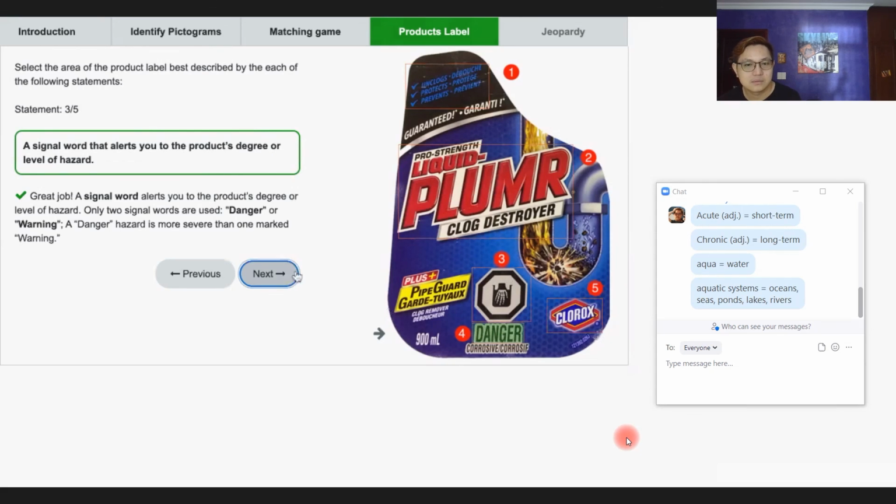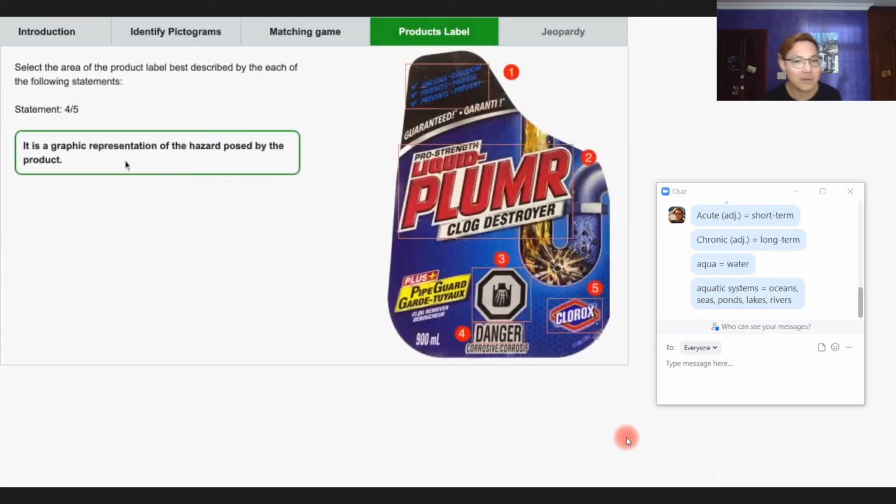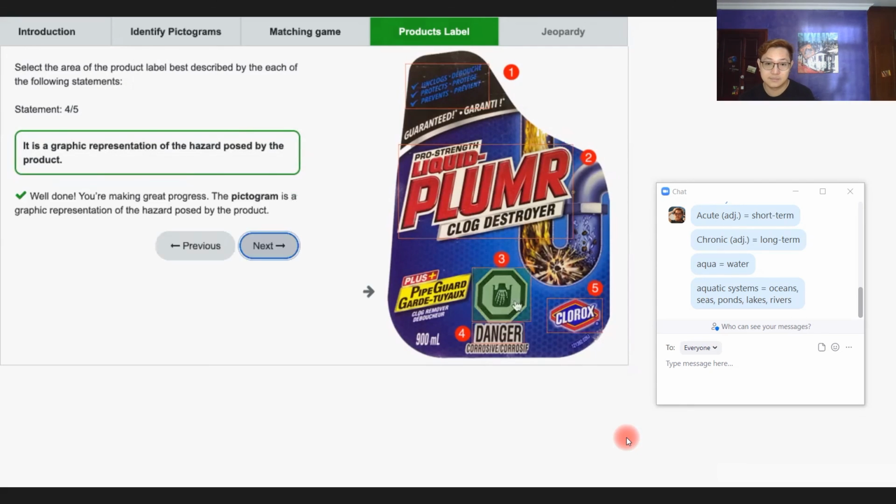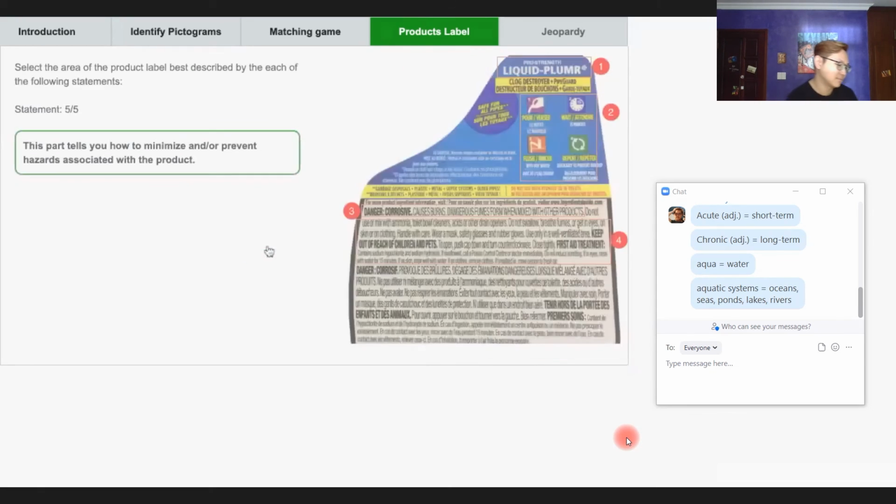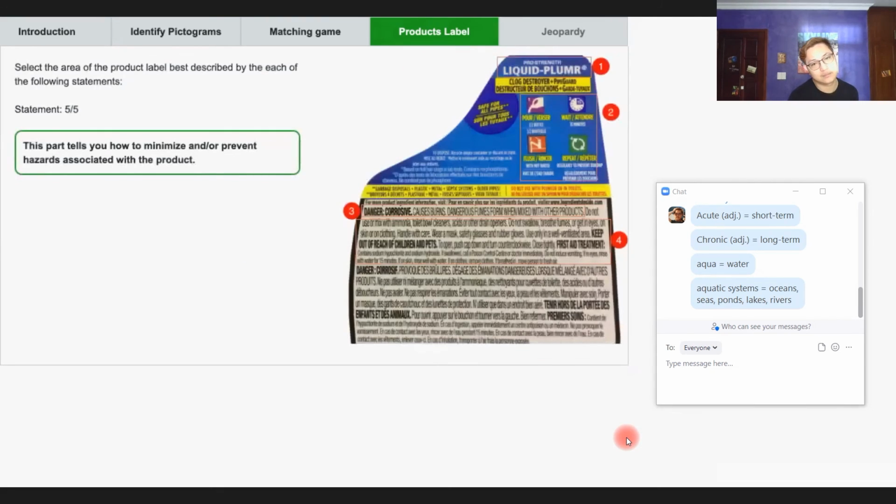Danger. It is a graphical representation of the hazard posed by the product. The precautionary statement tells you how to minimize or prevent hazards associated with the product.